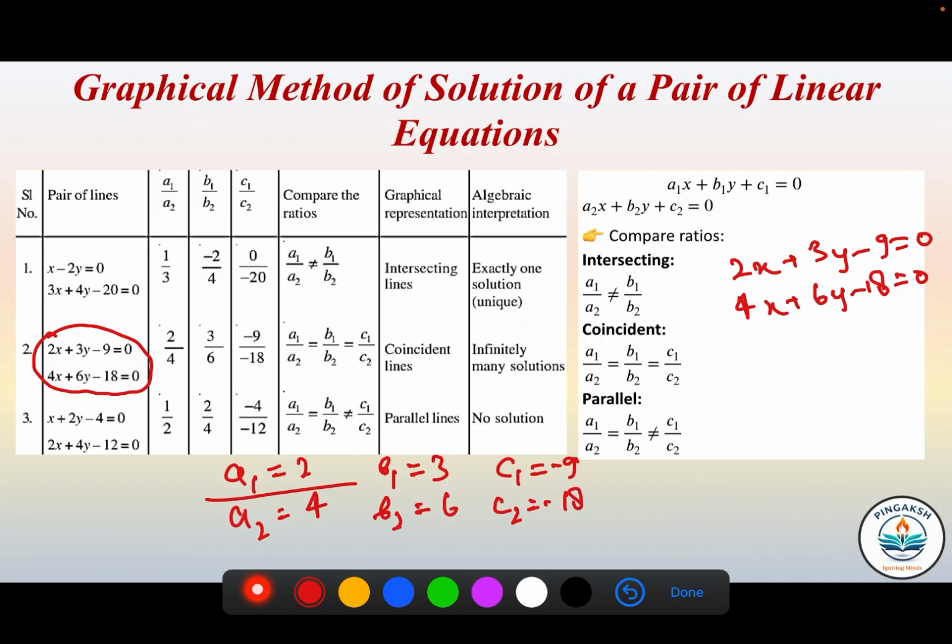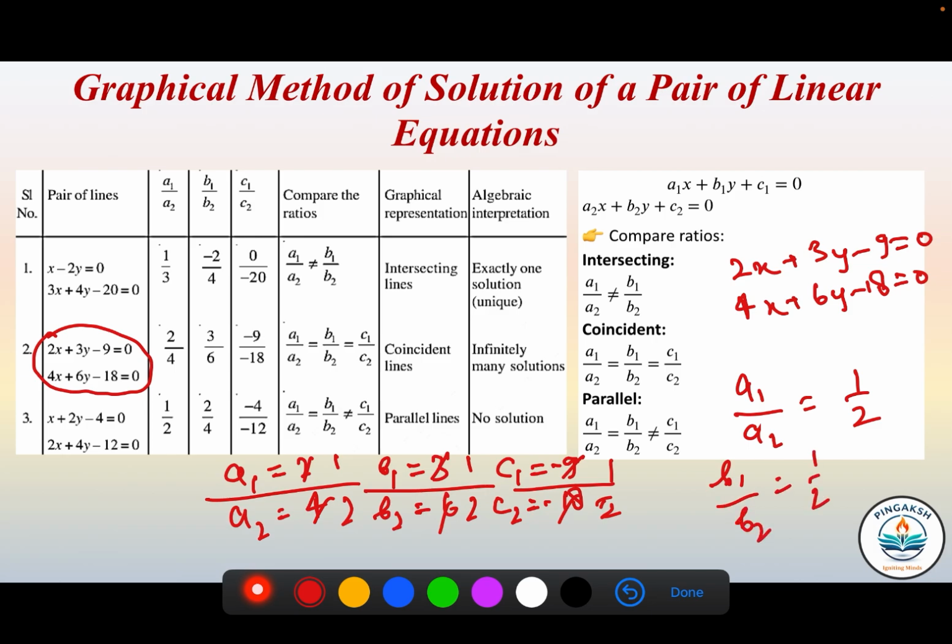If we divide, a1 by a2 is 1 by 2, b1 by b2 is also 1 by 2, and c1 by c2, that is minus 9 by minus 18, is also 1 by 2.